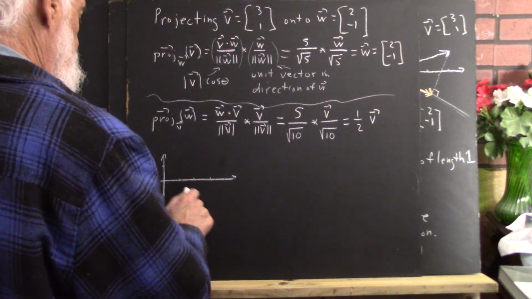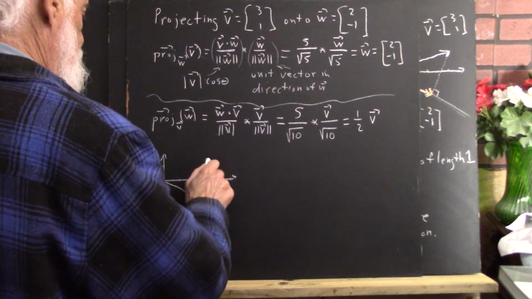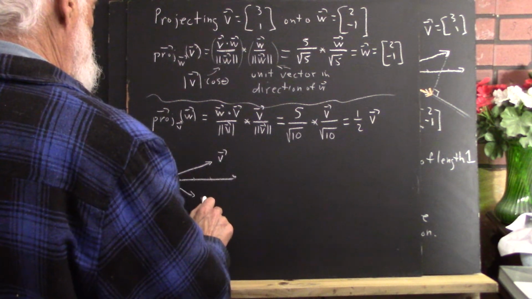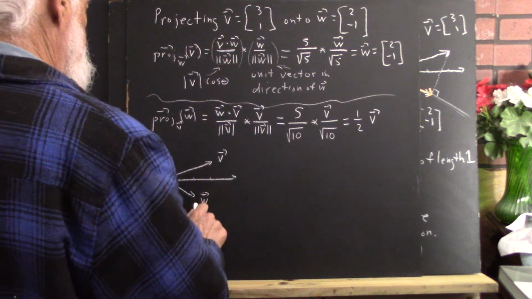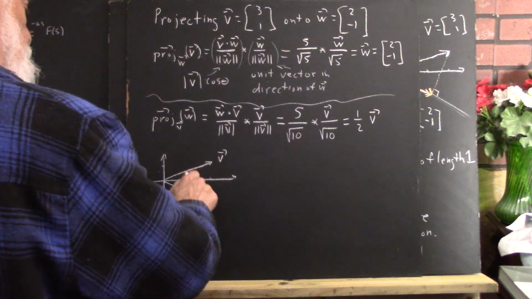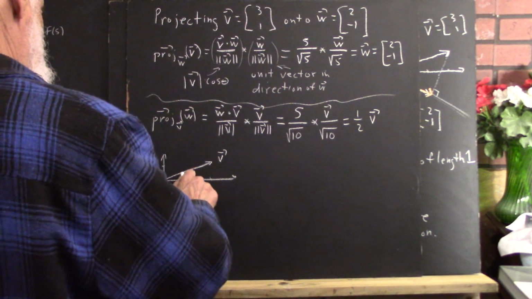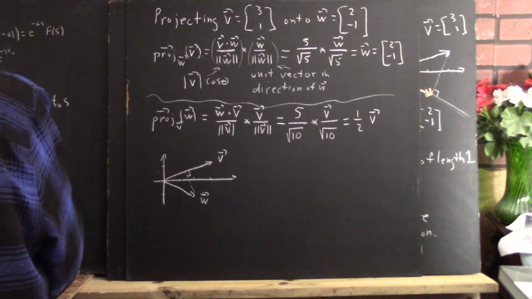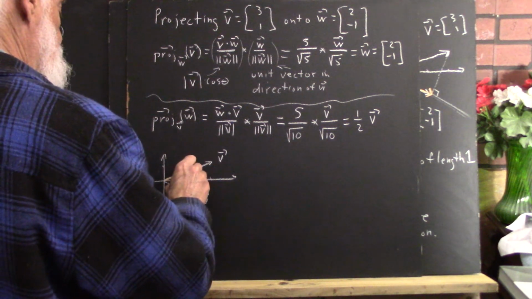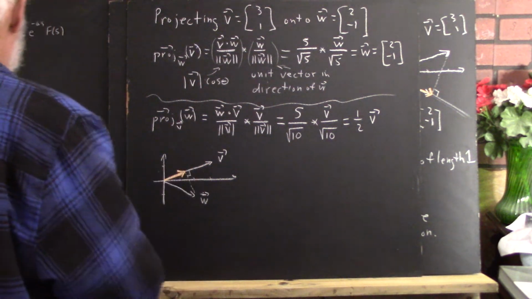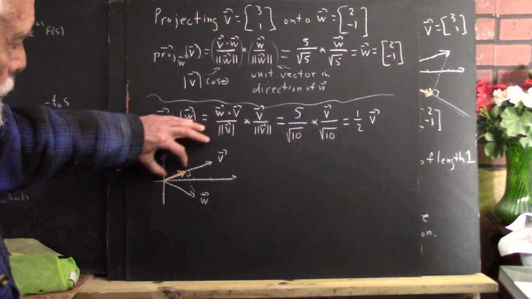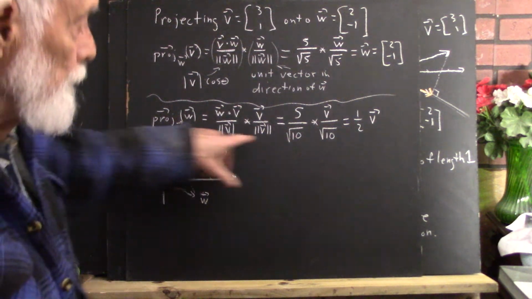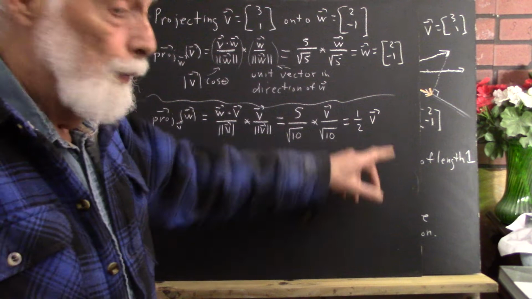And (2, -1) puts us about here. (3, 1) puts us about here. So here's V, here's W. Our projection line comes back perpendicular to V. So here's our right angle. So geometrically our projection is this. And that's pretty close to 1/2 of V. If it was done with a very accurate drawing, it would be 1/2 of V.